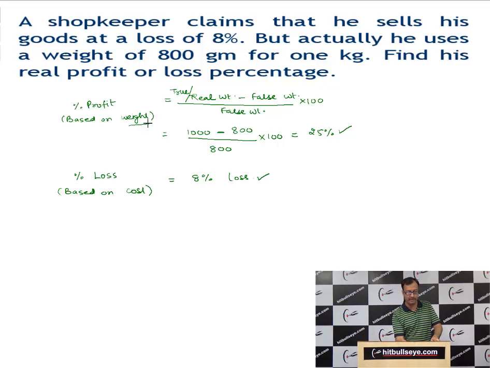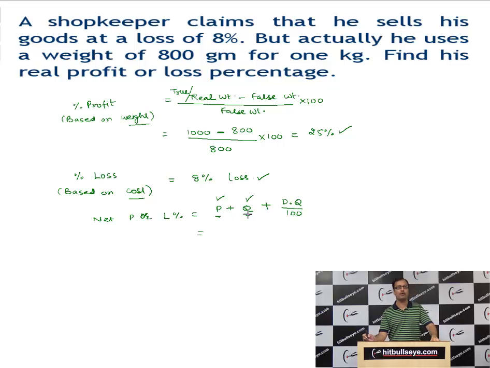This profit based upon weight and the loss based upon cost can be converted to a net profit or loss percentage with the help of the formula which we have read earlier, P plus Q plus P into Q upon 100, where P represents the profit or loss percentage based on price, Q represents the profit or loss percentage based upon quantity. So P represents price while Q represents quantity.